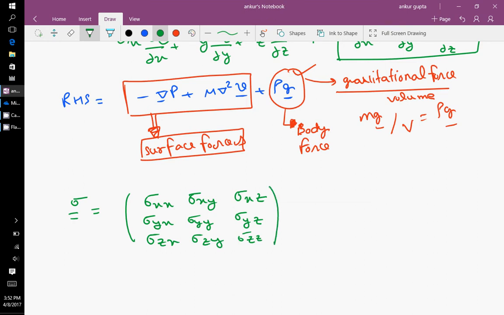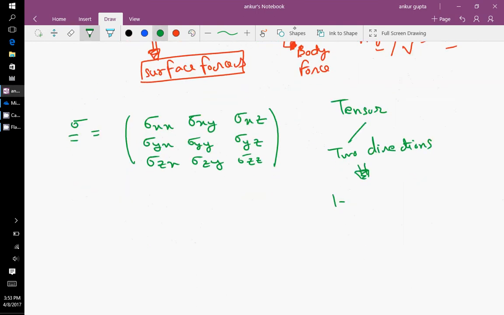We said that we need a tensor to describe these surface forces because we need two directions. For any surface force, one direction is for the direction of the surface and the second direction is the direction of force.